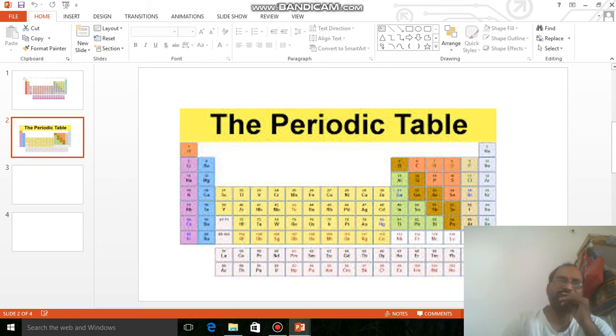Here one question is there: how can we know which group an element belongs to? For example, I am asking you about nitrogen. What is the group of nitrogen? Without looking at a table, just write the electron configuration of nitrogen. That is 1s2, 2s2, 2p3.